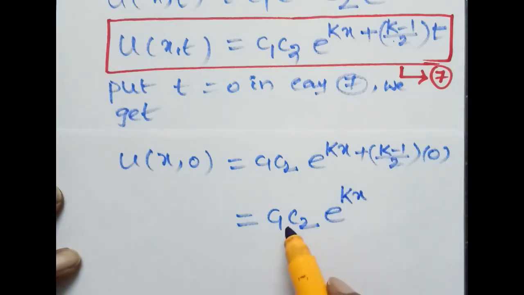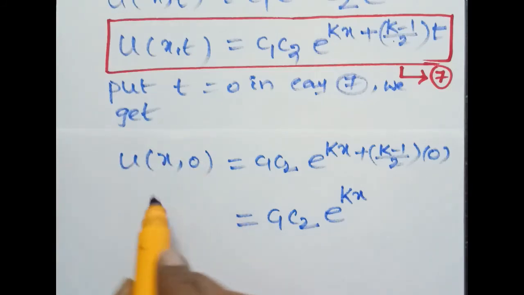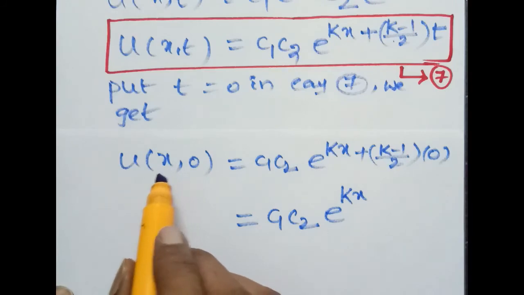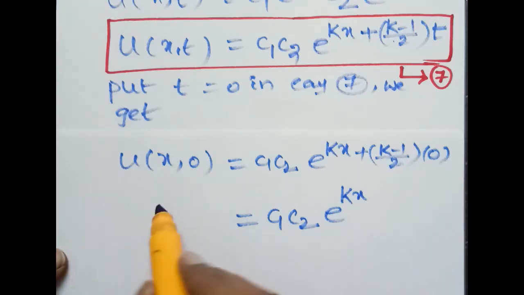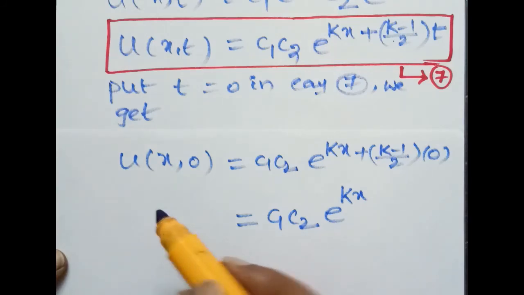Therefore on the left hand side, as we have shown earlier, the value of u of x comma 0 is equal to 6 into e to the power of minus 3x.